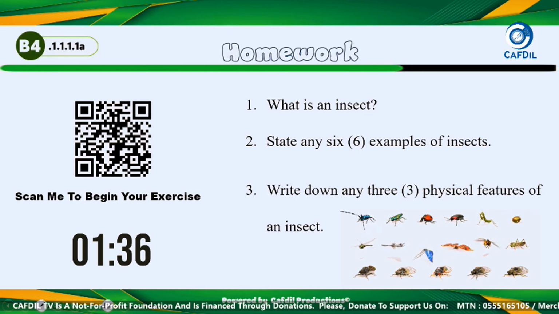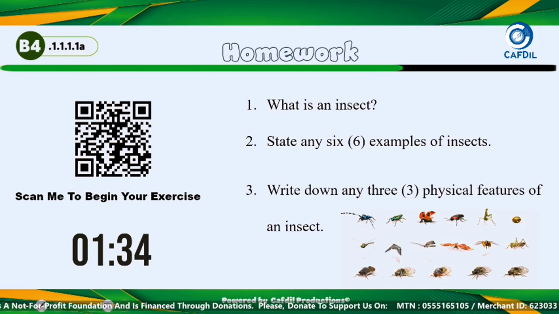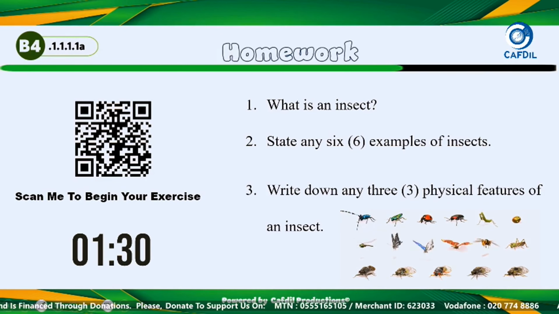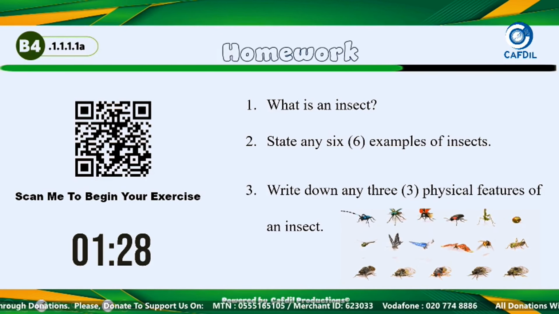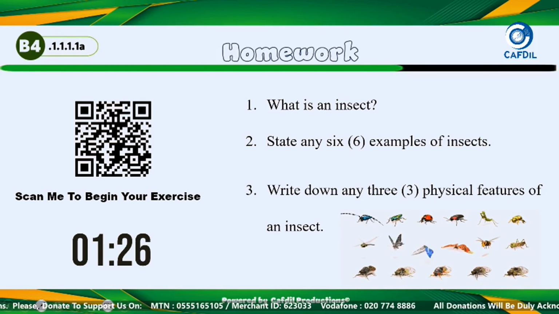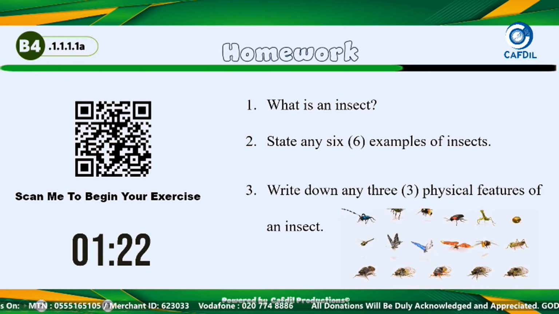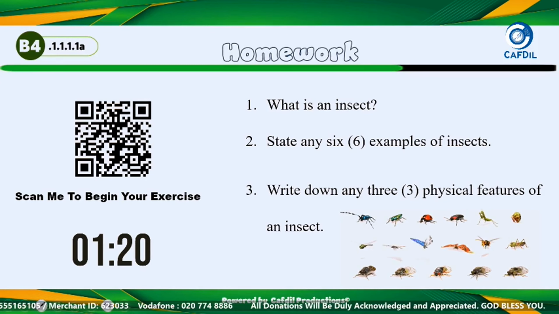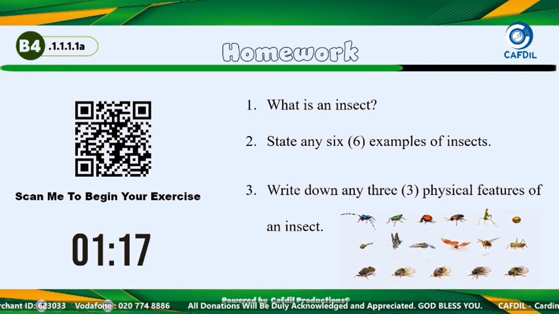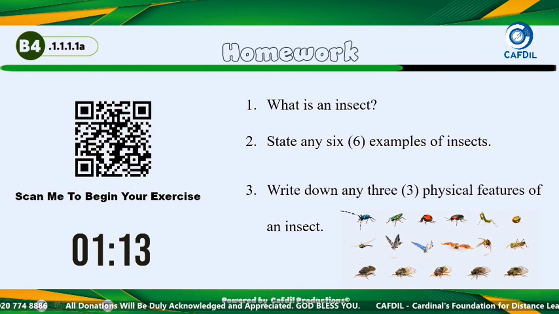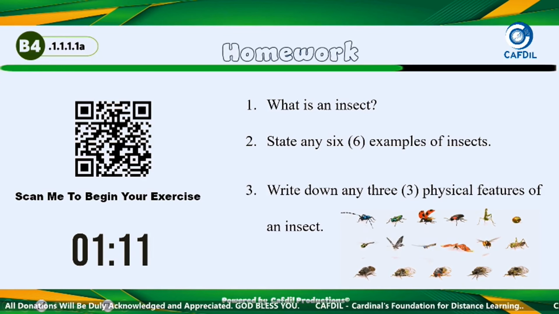When you finish, you go to submit test. You see your results, and I'll also see it as well. So let's all begin the assignment if you are with a phone or a tablet or a phablet. If you don't have that, try and write this assignment down and do it in your exercise book.